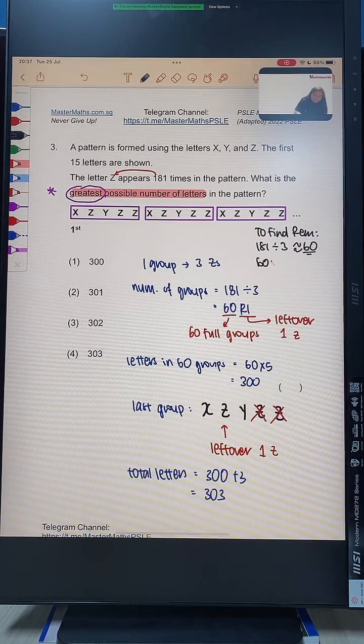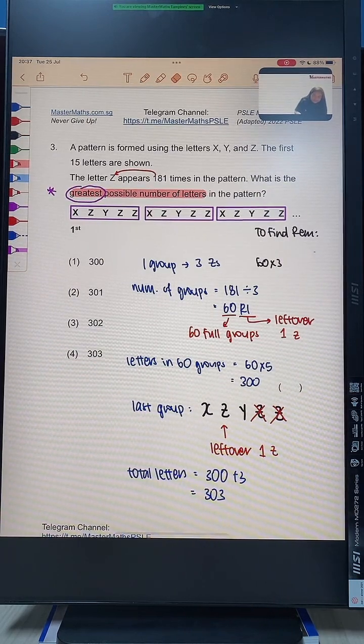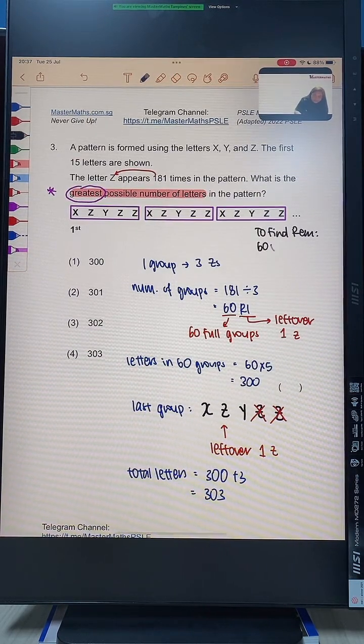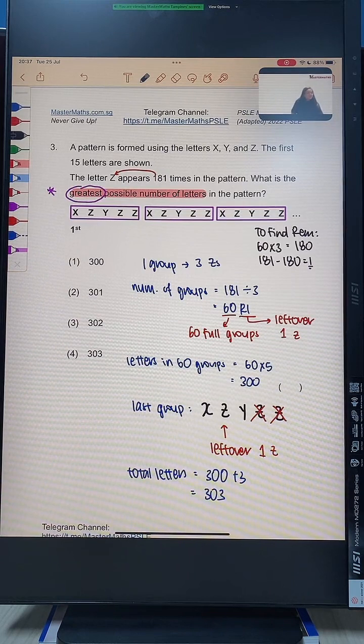Then we take 60 times 3. Okay, let me rewrite this. The whole number portion, you multiply by 3, work backwards, you're going to get 180. Then you take your actual total, minus away how many you have in full groups to give you only remainder 1. Okay? Alright.